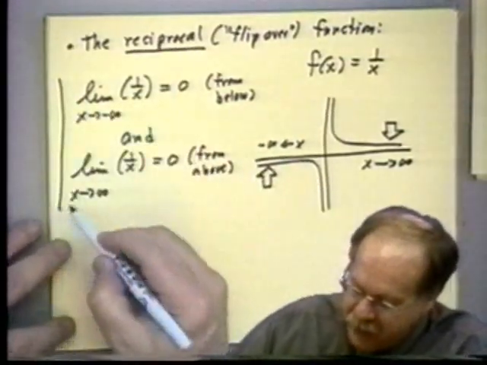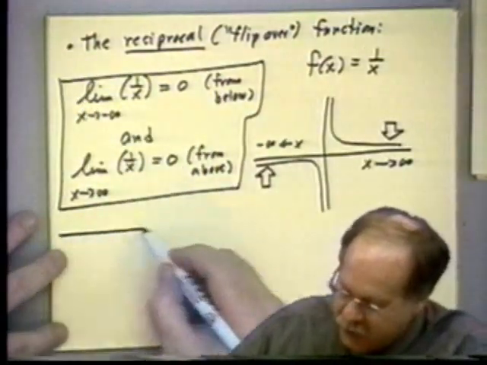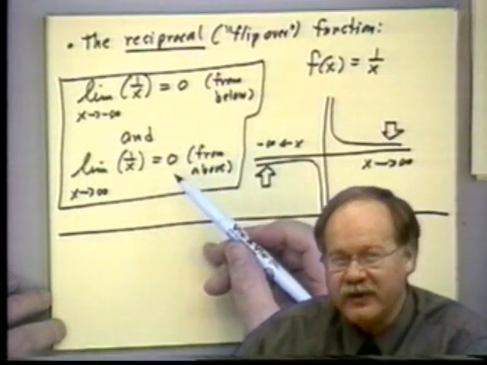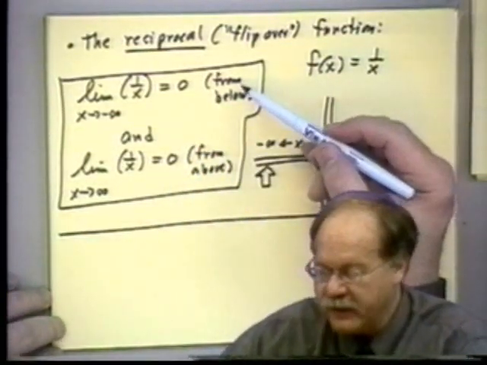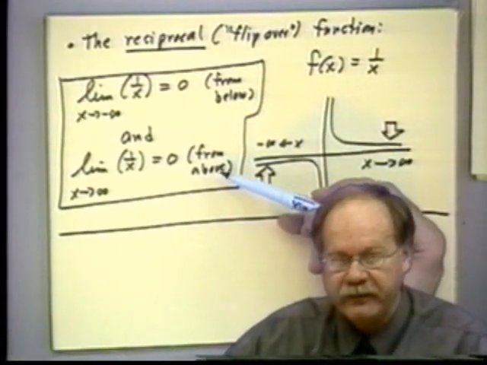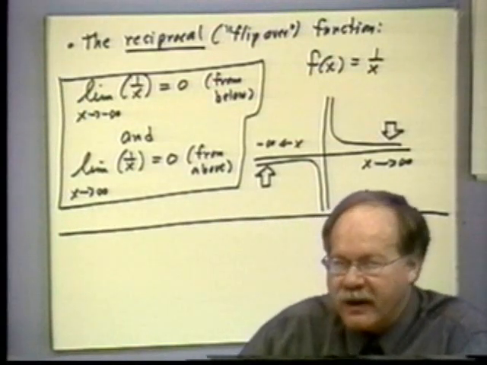Now, keeping these in mind will help you as you do graphs many times in this course. So it is true that both of these simply go to 0, but it is also helpful to know that one of them is going from below, that's the one at the left, and the one at the right is going from above. So that's it for basic limits. Now we'll move on to a little bit more complicated limits.